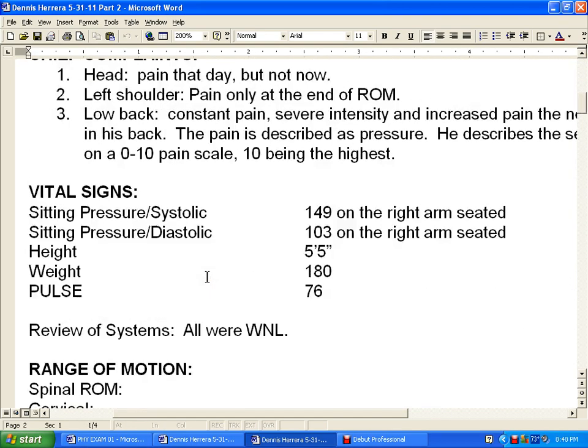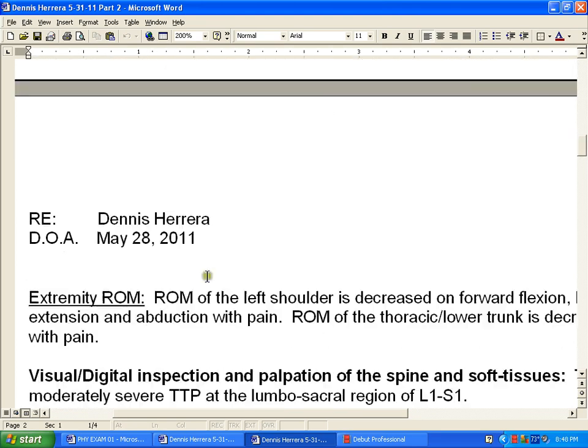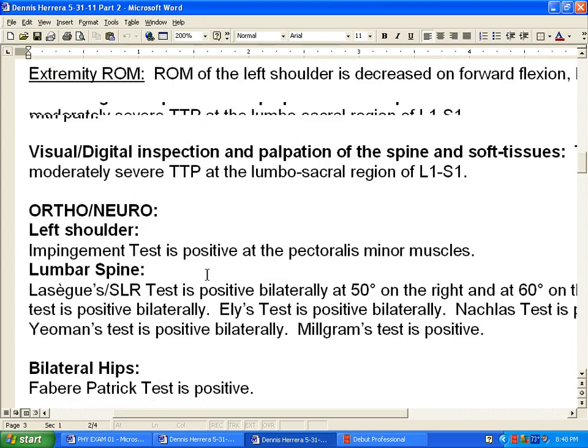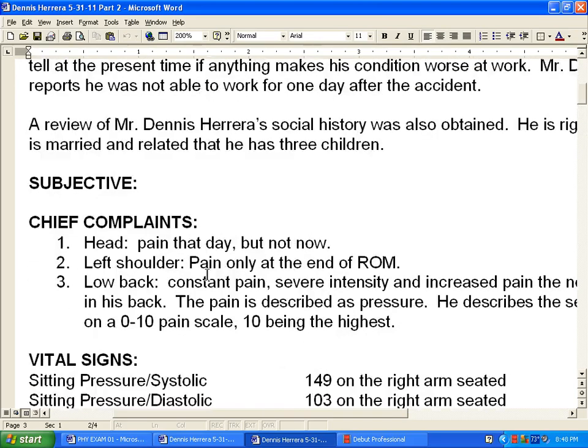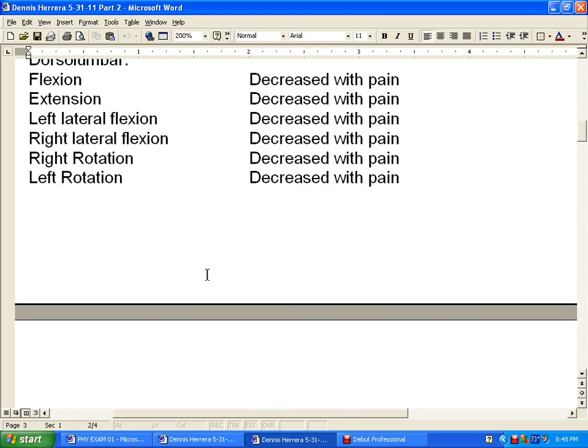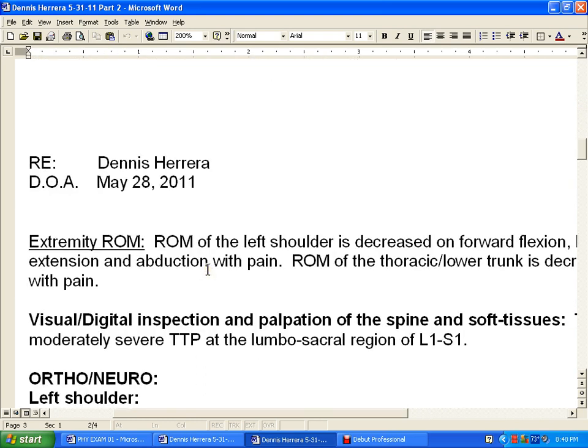Okay, after the health and after the chief complaints, over here, visual and digital inspection and palpation of the spine and soft tissues, colon.